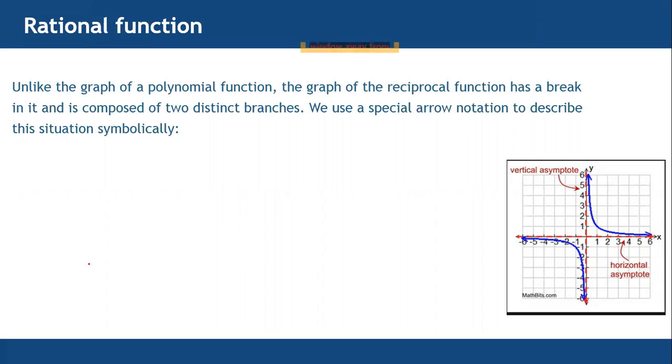There are no gaps in a polynomial function. But in a rational function, we have breaks, and we can draw the graph of a rational function in parts. Like what? You can see the graph.